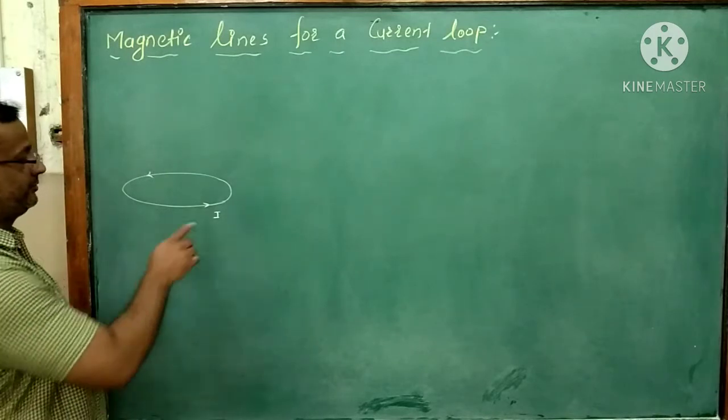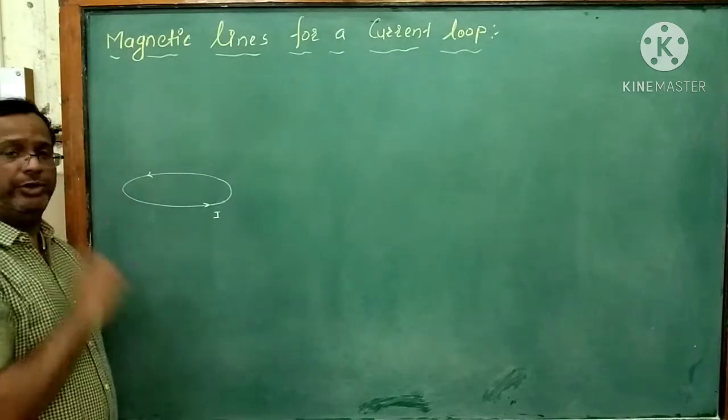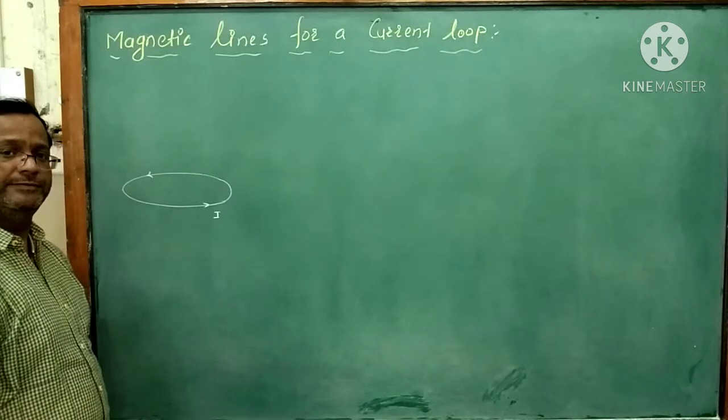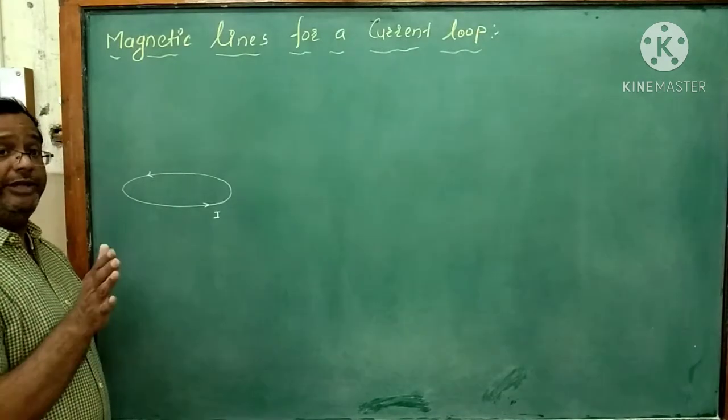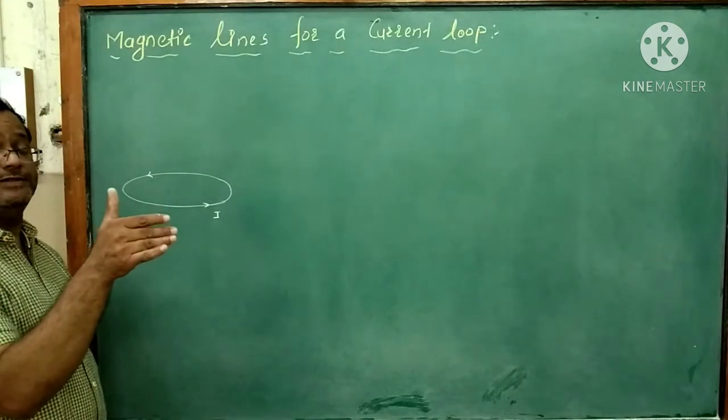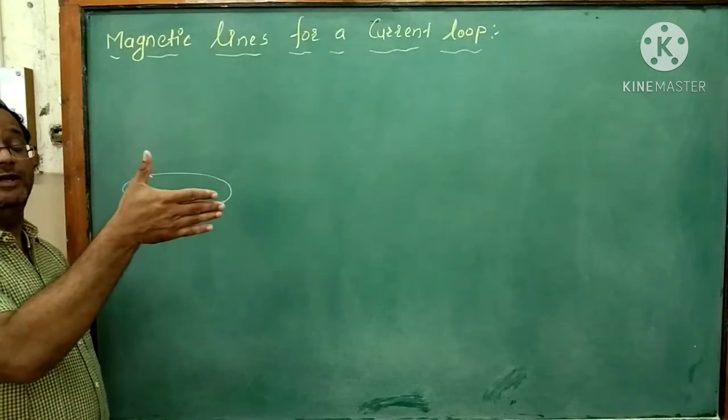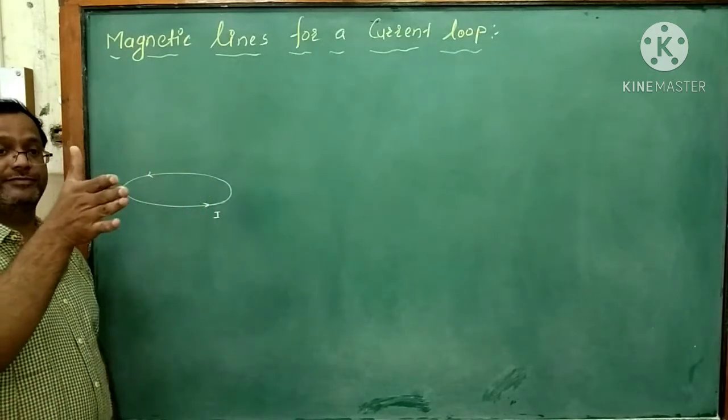Then this current produces a magnetic field, and we get the direction of that magnetic field as per the right hand thumb rule. See here.